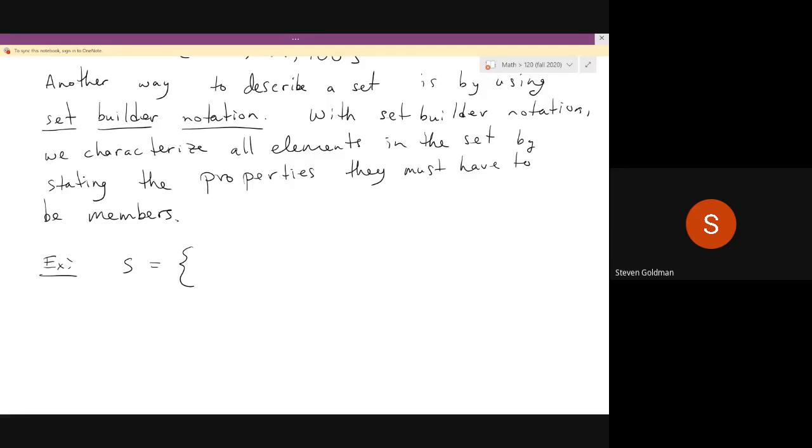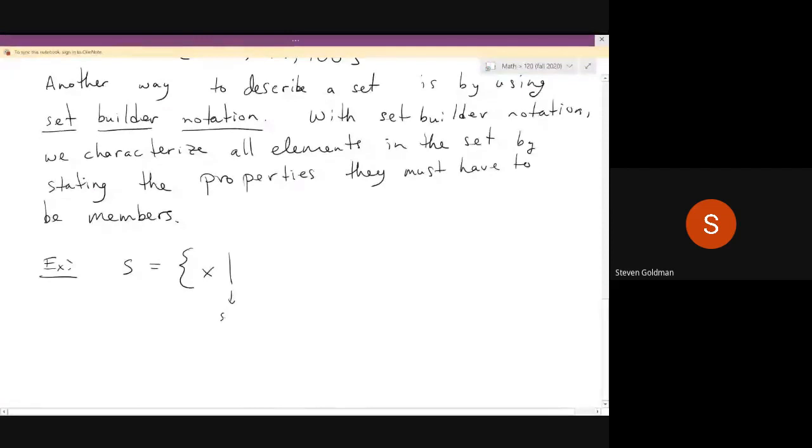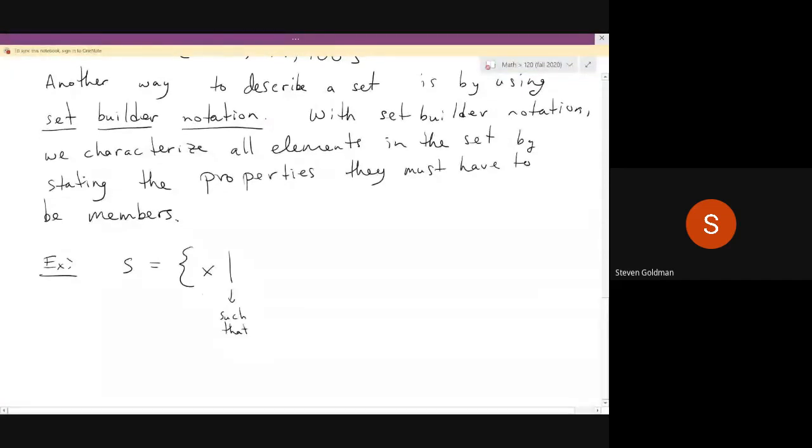Okay, so one way I could do it would be to write S is equal to all X, and this is how I do set builder notation. All right, S is equal to all elements X. Then I write a line here. This line means such that. So this is all X such that, and then I describe what X has to be in the set.